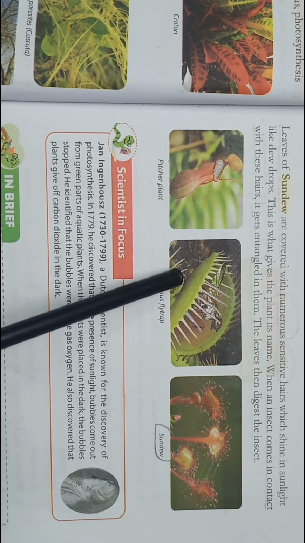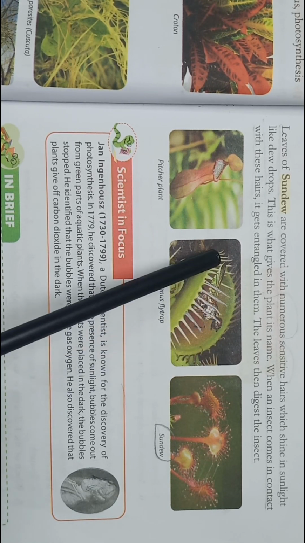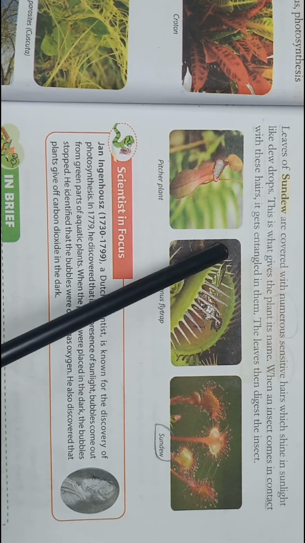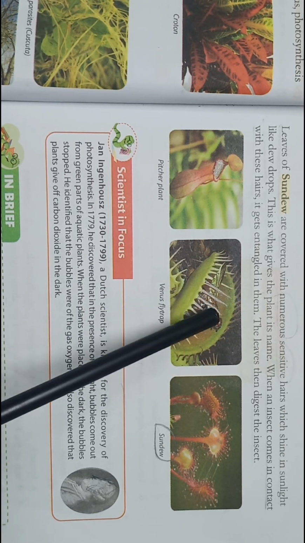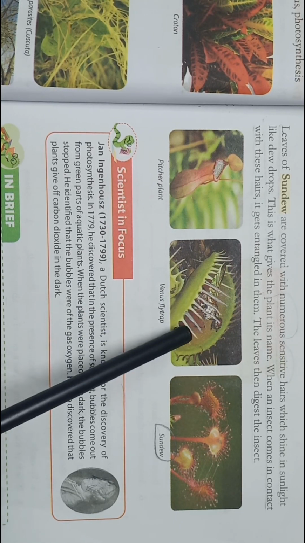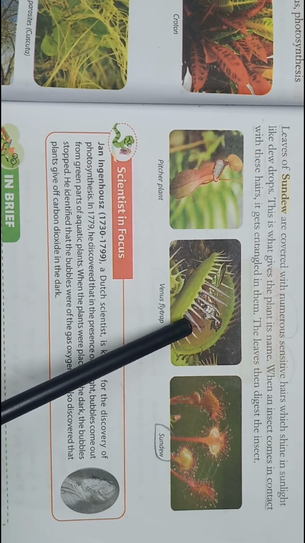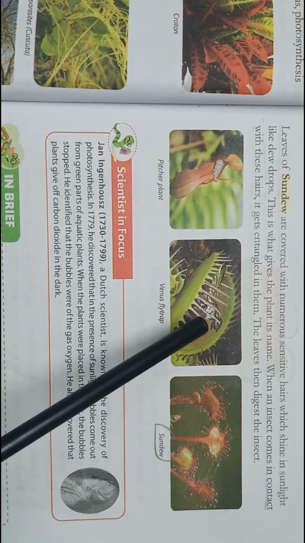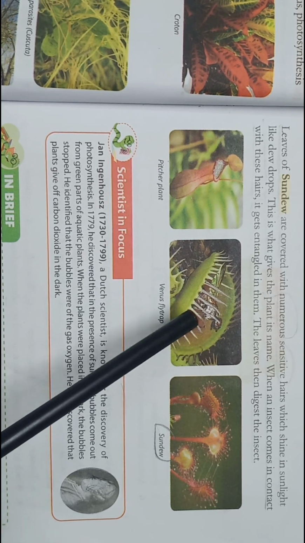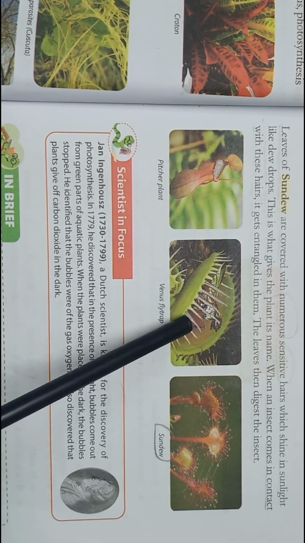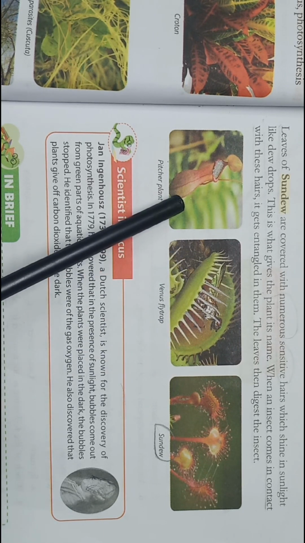Look here, this is the Venus flytrap. On each edge of the leaves there are stiff hairs, so the insect is trapped, and then the leaf shuts quickly and digests it. This is the pitcher plant.